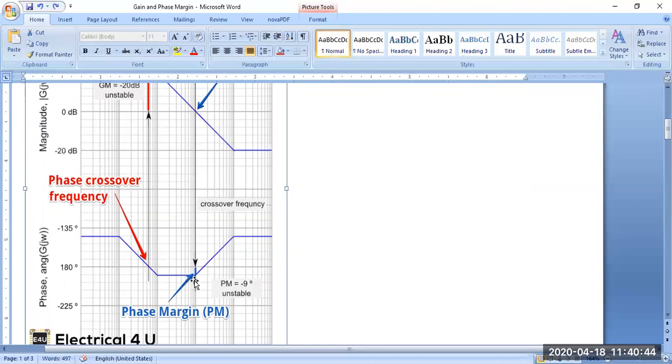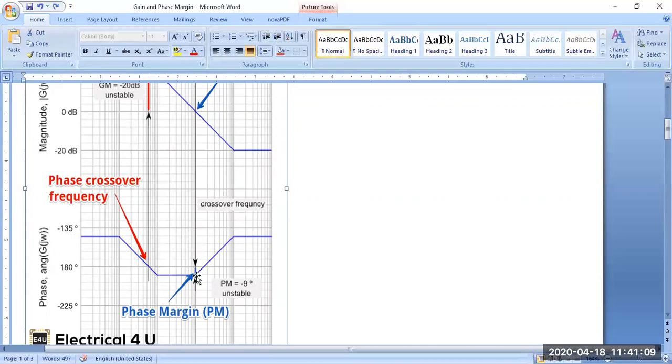So phase plot, wherever it is cut, you have to measure the vertical distance between 180-degree line and that point. So if the point is below 180-degree, then it is negative phase margin. If it is above 180-degree, it is positive phase margin. In this case, it is negative. It is minus 9 degree, right? So phase margin is negative here.